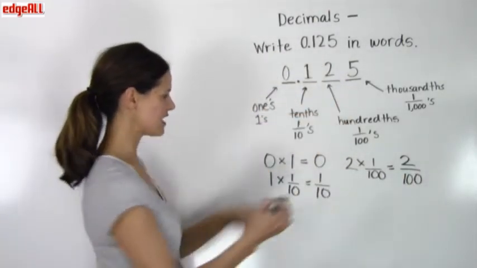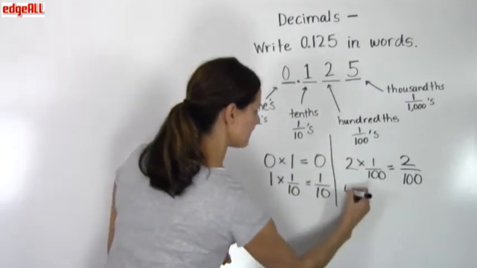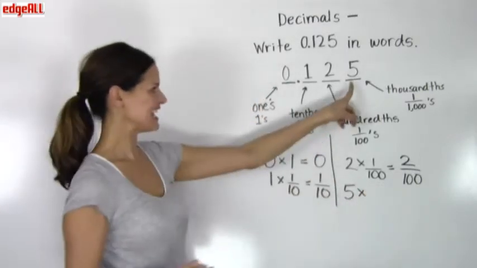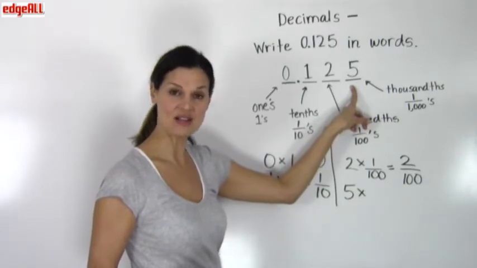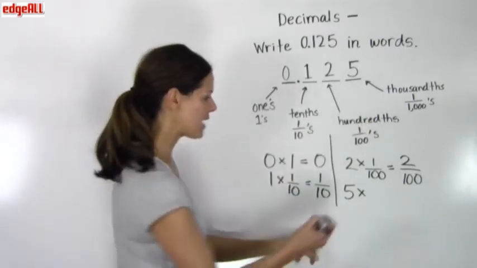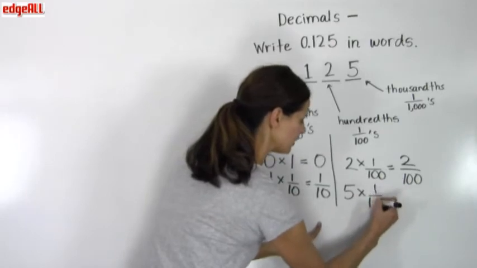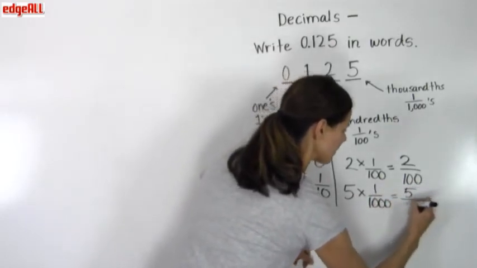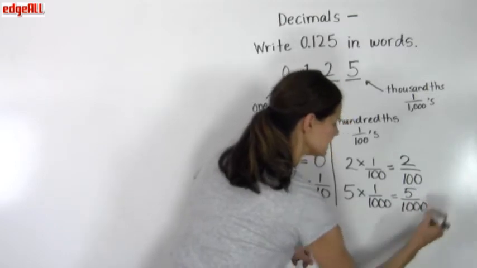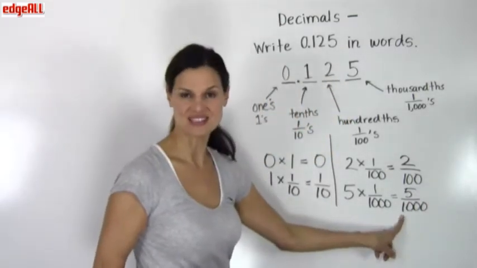My 5 is in the thousandths place, so to find the value of the 5, I multiply by 1 over 1,000, and I get 5 over 1,000, or 5/1000ths.